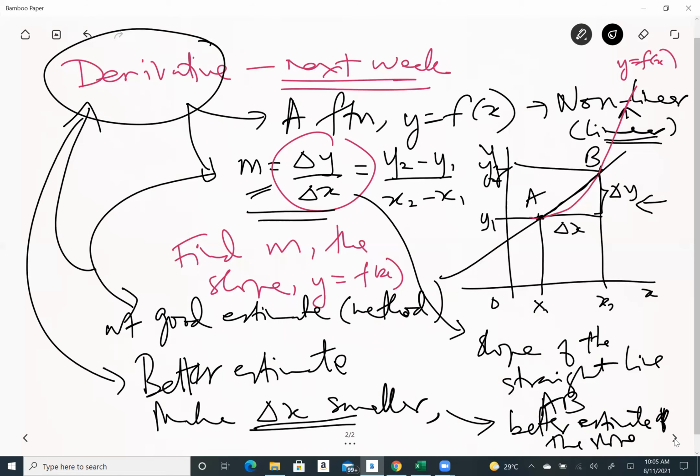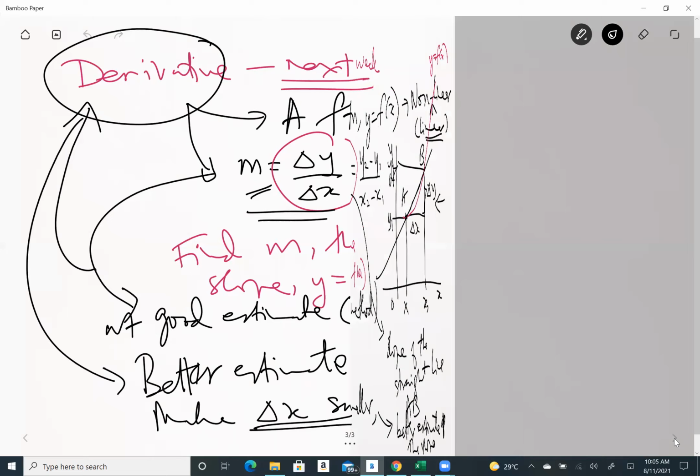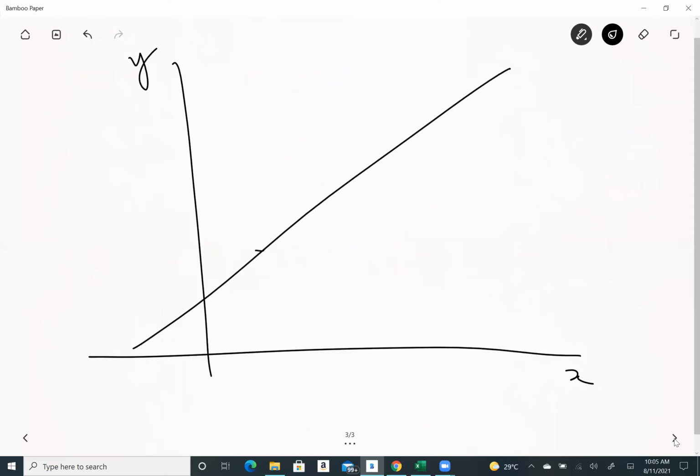So let me draw the line bigger so that we can see better. If I draw a bigger line, you have the points here, your point A. That's the point B, x1, y1, x2, y2, and that is the curve. I should have drawn it in red, but I forgot. y equal to f of x.